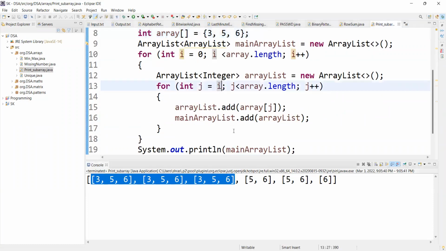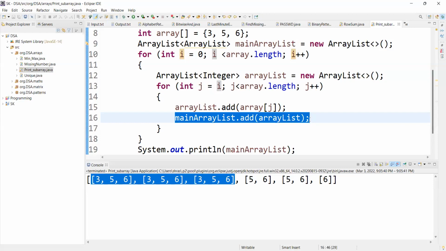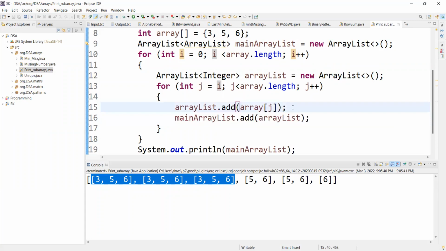Line 16 should be outside the inner loop. This one, yes. Otherwise, it will keep on adding. But that's what we want, right? As soon as 3 is added, we need to add it to our list. As soon as 3 and 5 are added, we need to add it to our list, right? Let me just see what's happening.